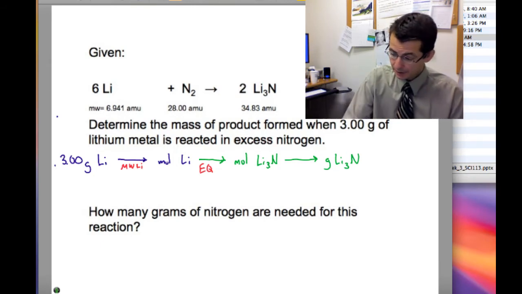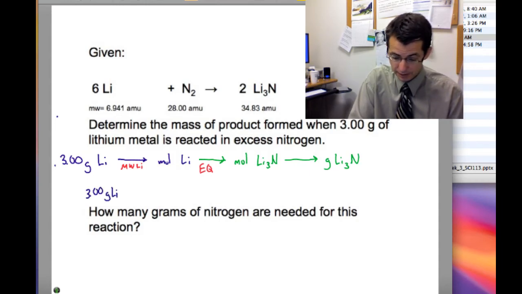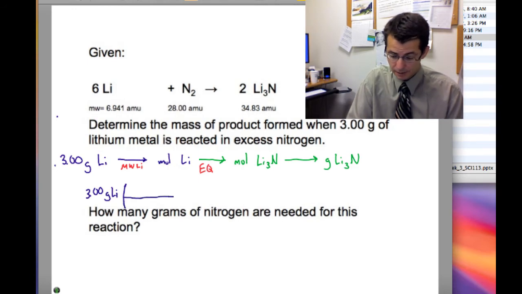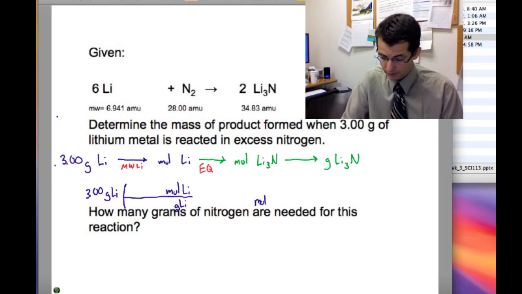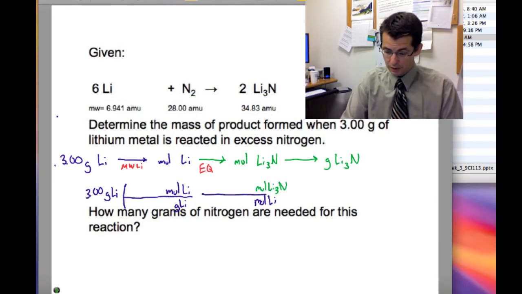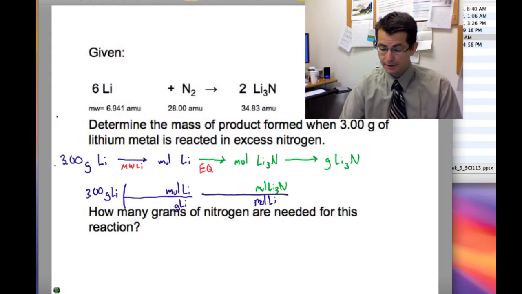Now, to set that up, the same idea would be applied. We'd take this 3.0 grams of lithium, and we'd use the relationship from the molecular weight: grams of lithium is equivalent to moles of lithium, a certain number of grams. Then we would continue on from our moles of lithium. We'd convert our moles of lithium into moles of lithium nitride, and we would use our stoichiometry for that.